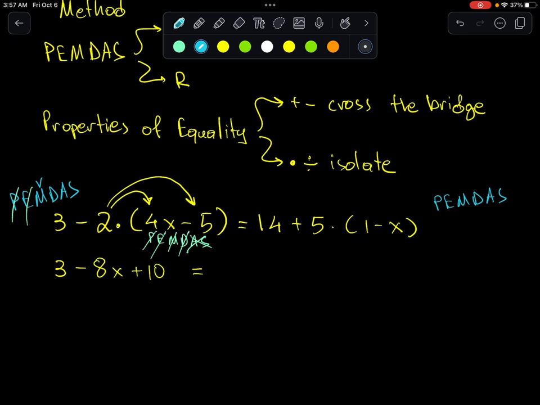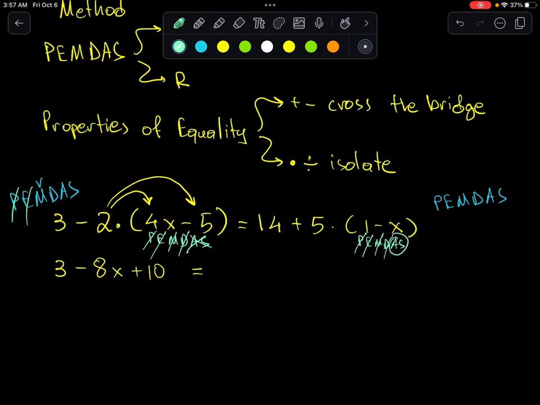First, we're gonna check for parenthesis. We do have a parenthesis here, so we're gonna go inside the parenthesis and do a little PEMDAS. Do I have a parenthesis inside the parenthesis? No. Do I have an exponent inside the parenthesis? No. A multiplication inside the parenthesis? No. Division?